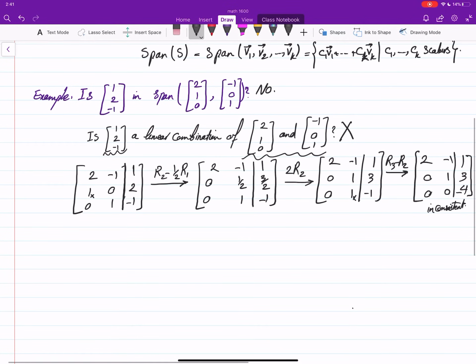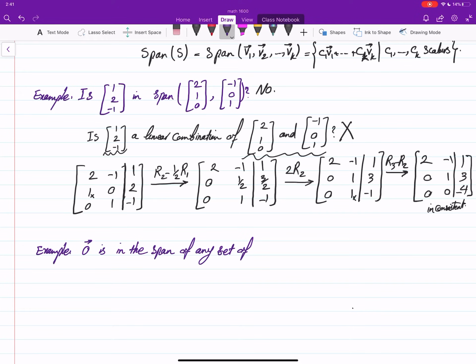Or for example, we have done this example a lot: the 0 vector is in the span of any set of vectors. Why?